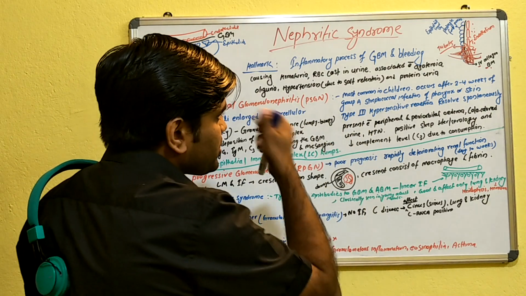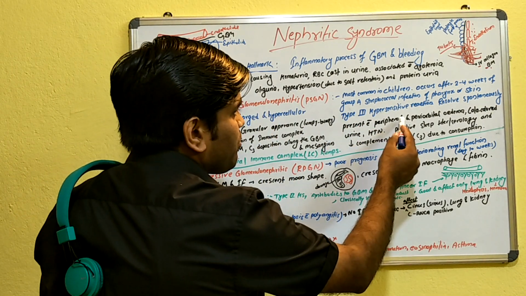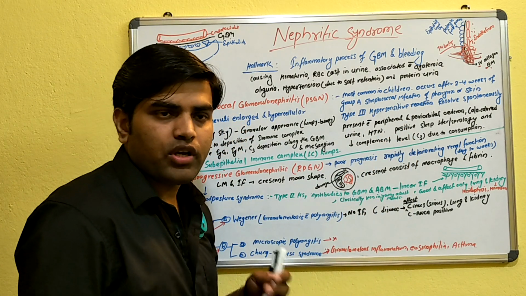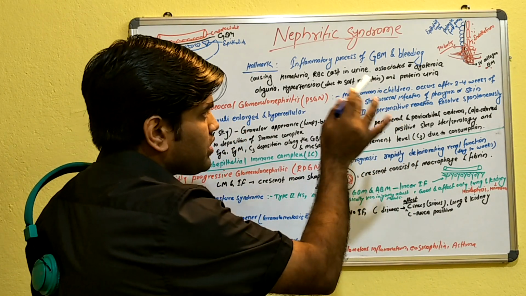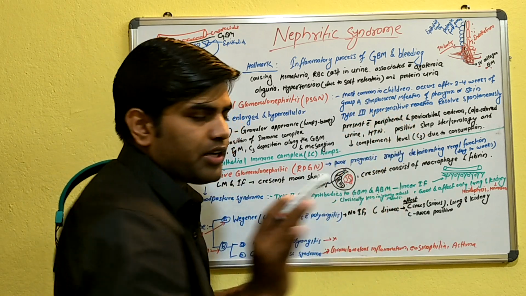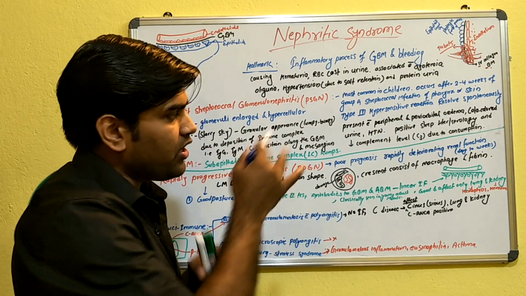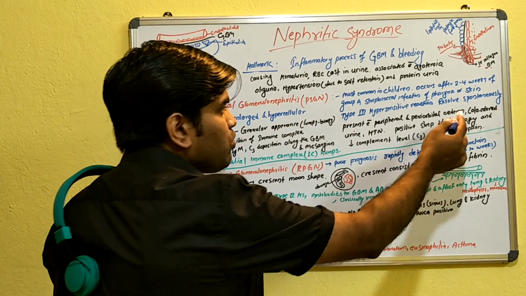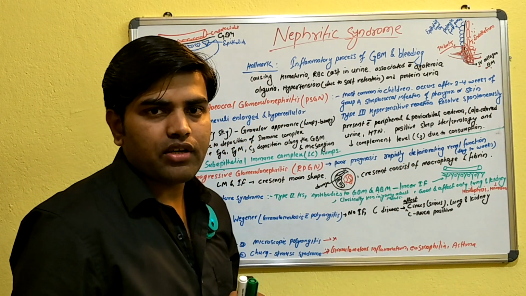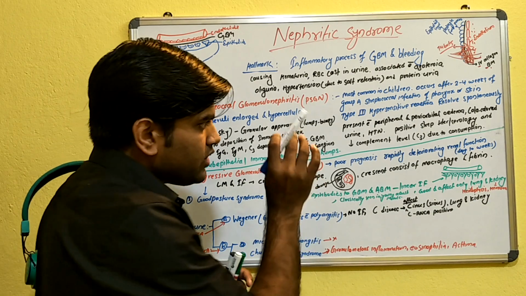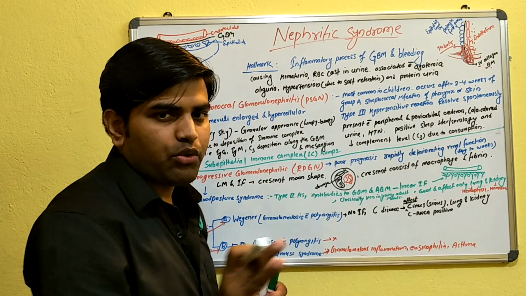What will be the other presentations of the patient? There will be edema. Protein is lost, and there will be peripheral and periorbital edema, but protein loss is not significantly more than 3.5 grams, so it is not in the nephrotic range. Then there will be cola colored urine. If you remember Coca-Cola, that is what they mention for cola colored urine.